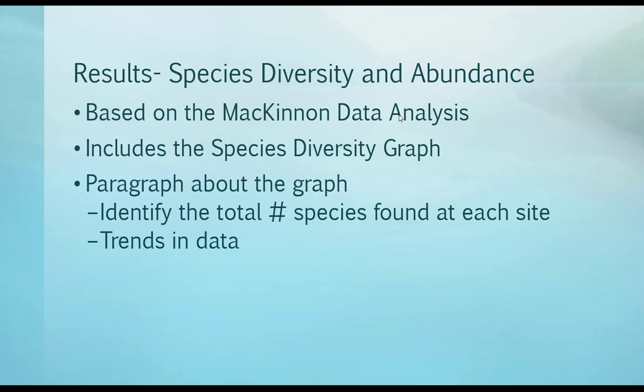So that graph, again, can be included in the text, or you can include it as an appendix at the end of your paper. Either way works for me. If you're going to include it as part of the text, you can either include it right under the subheading, or you can include it after the written paragraph.